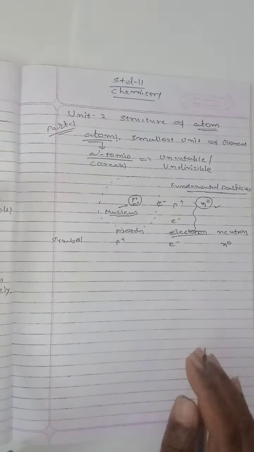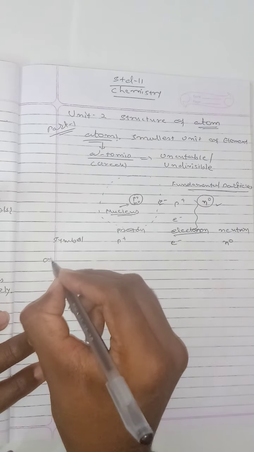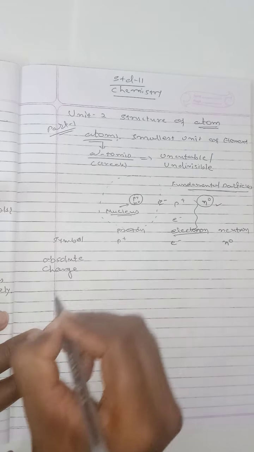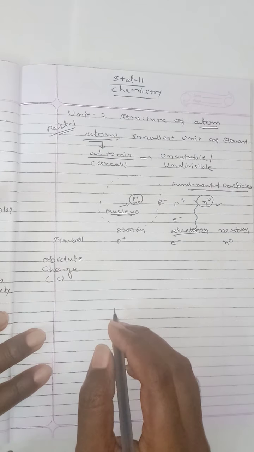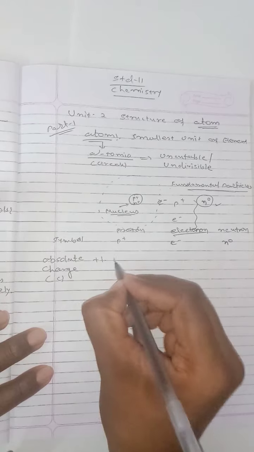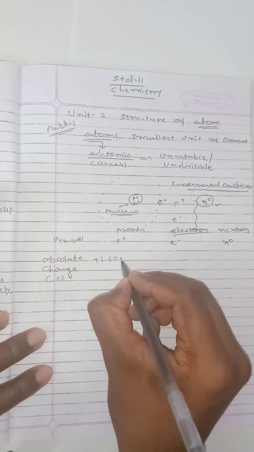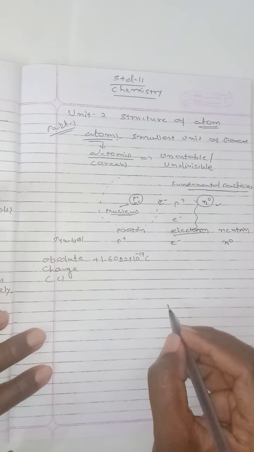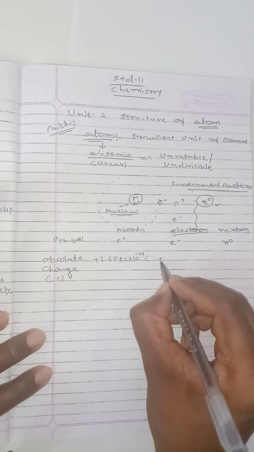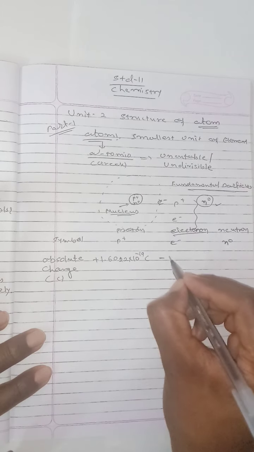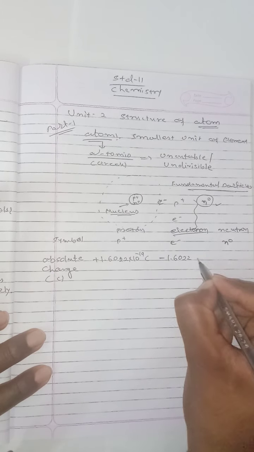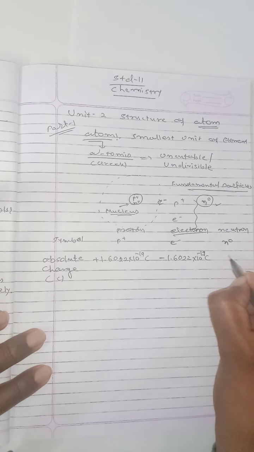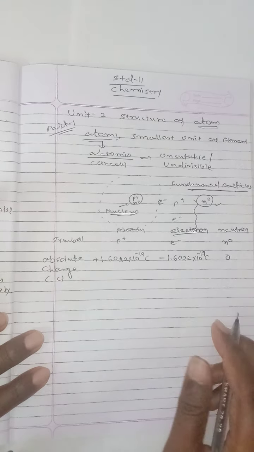The absolute charge in coulomb: for proton plus 1.6022 into 10 raised to minus 19 coulomb, for electron negative 1.6022 into 10 raised to minus 19 coulomb, and for neutron zero charge.